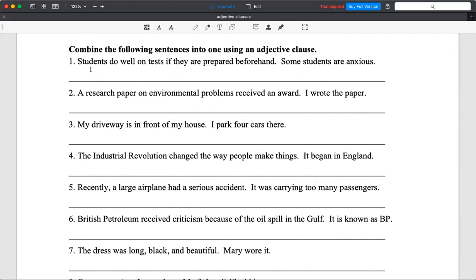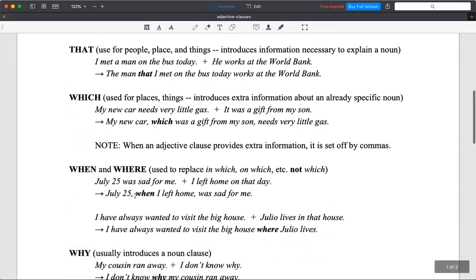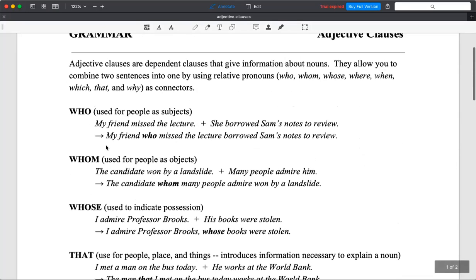You can say students do well on tests if they prepare beforehand. My short sentence. And the second one, some students are anxious. So I would say students who are anxious. Instead of some students, you replace it with who. So the second sentence's subject can be replaced by these pronouns. That's why we call them pronouns.